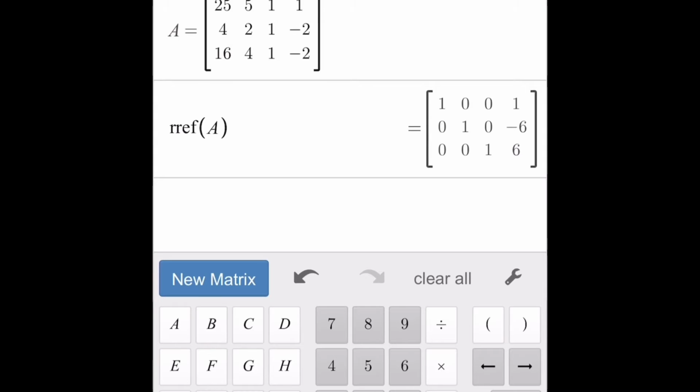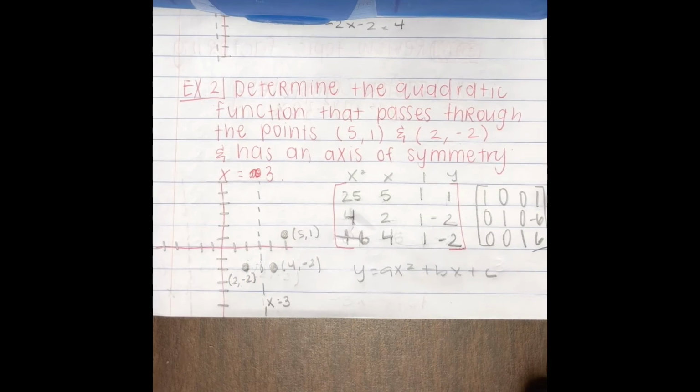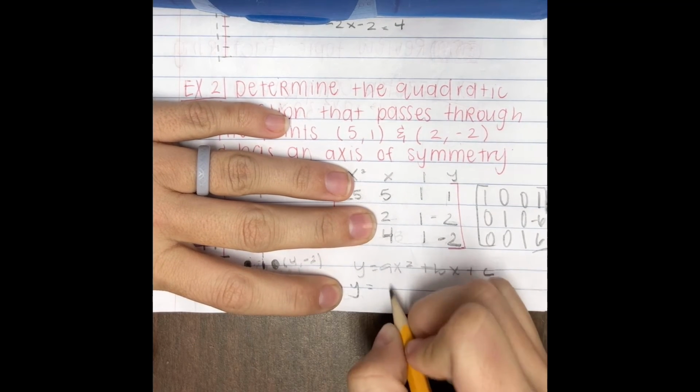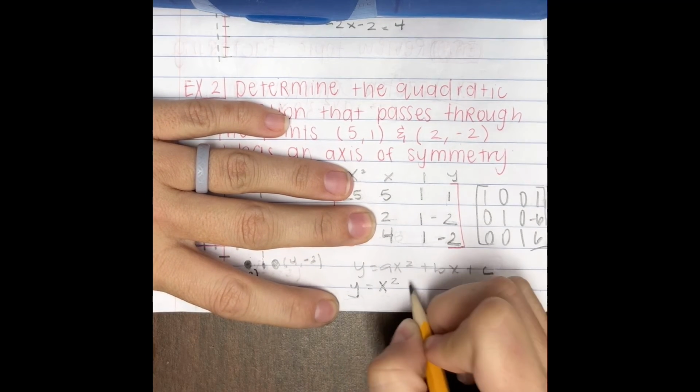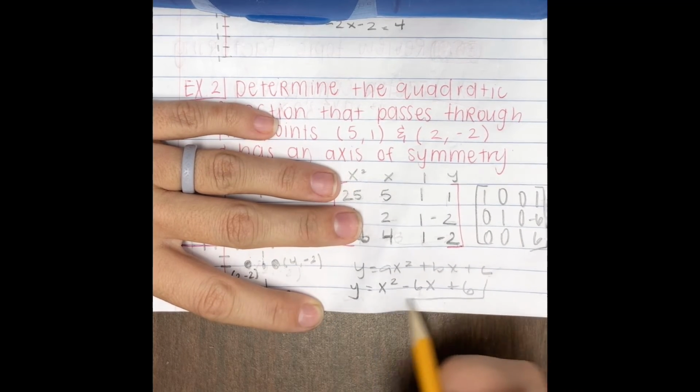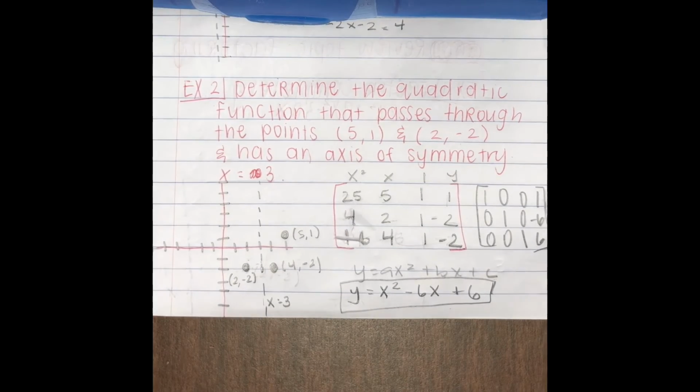So now let's put that into our equation and see what that gives us. All right, so here's the answer it gave us. Okay, so this is essentially our A, our B, and our C. So we get the equation y equals 1x squared minus 6x plus 6. And that would be our answer.